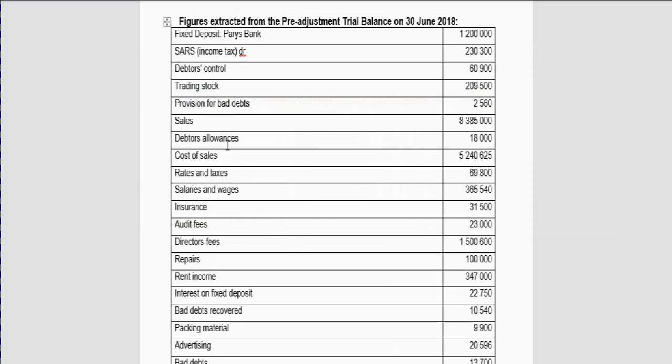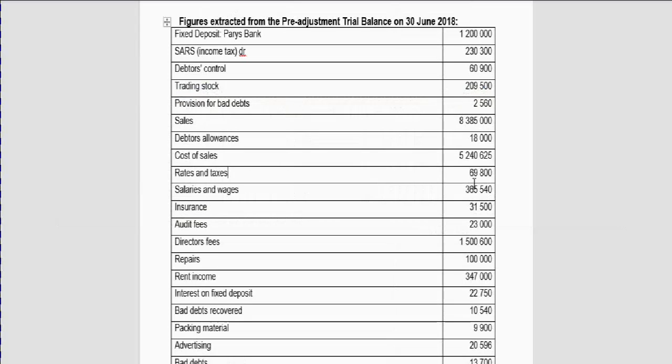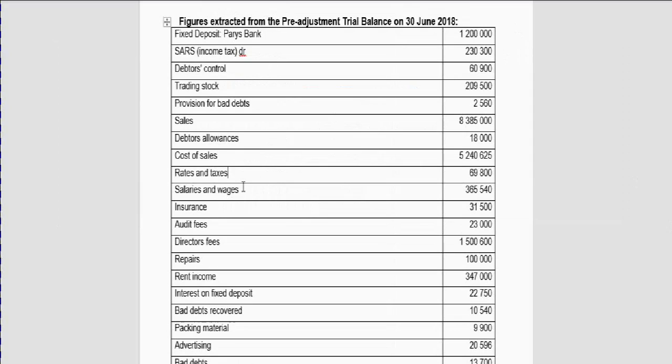Now we go back to the top. Sales, debtors, and cost we've already done. Rates and taxes will now be our first expense. So we'll type that in. Rates and taxes, and the amount was 69,800. Good. I will run down the list and put them all in, everything except for the ones that I've already got in, or any interest.